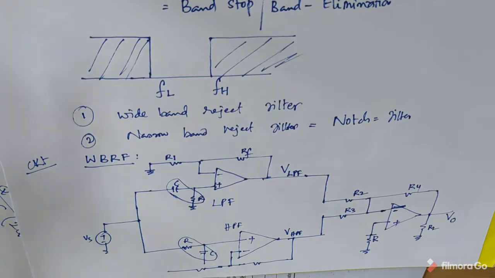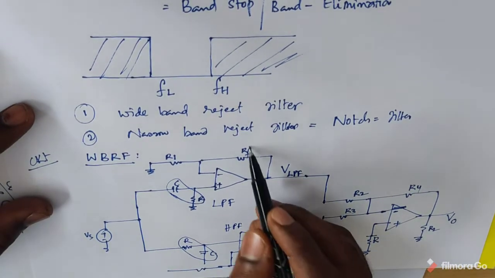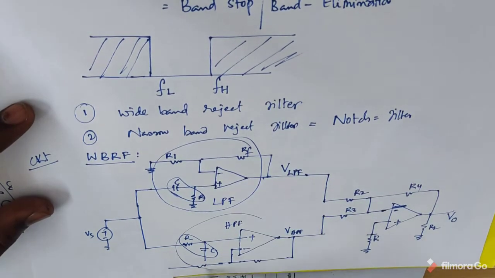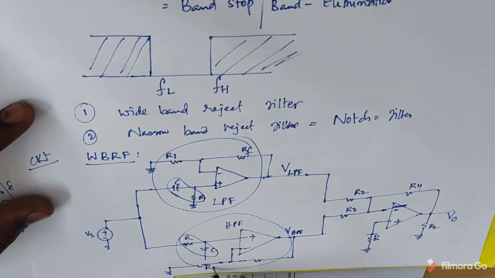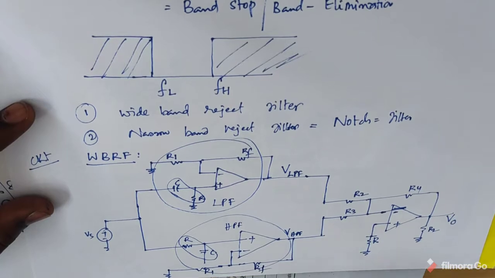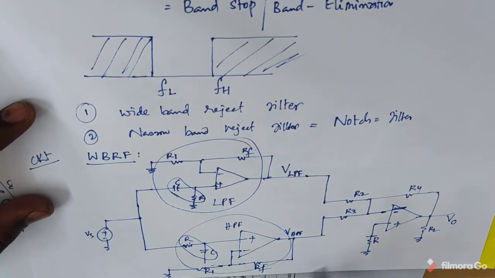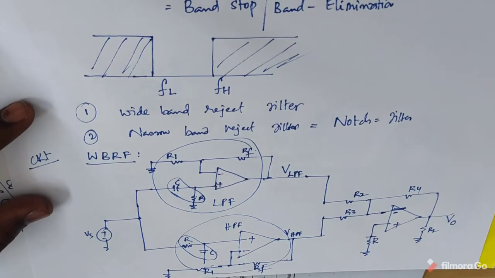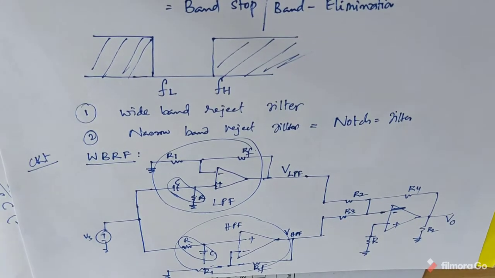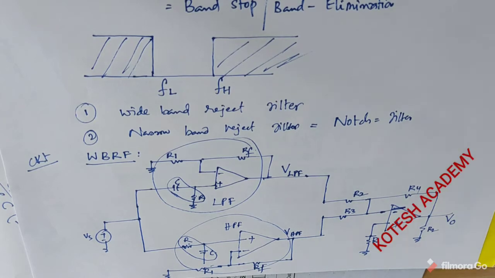This is the overall output. So in the band reject filter, this is the actual low pass filter, this one is the high pass filter. This is connected to ground. Simply you can take R1 and RF, R1, RF, here R and C, here R and C. This is R2, R3, R4 value. Like that you can design the circuit diagram for the wide band reject filter.